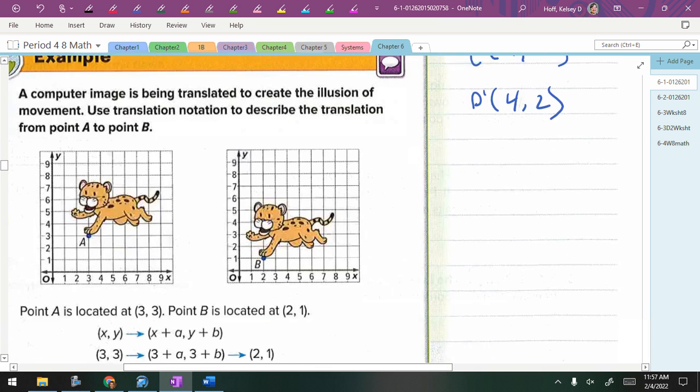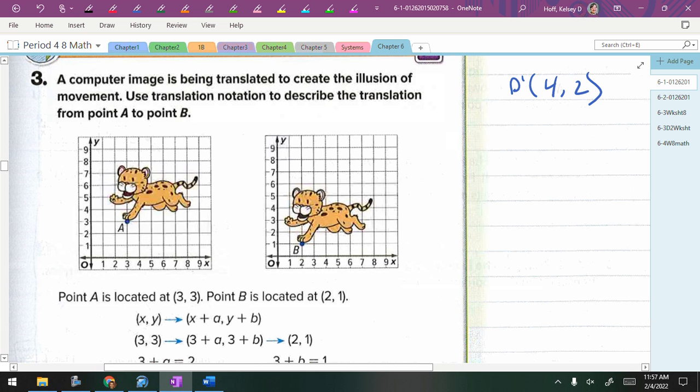Okay, so what would happen with number 3 here? A computer image is being translated to create the illusion of movement. Use translation notation to describe the translation from point A to point B. So here's my pre-image.